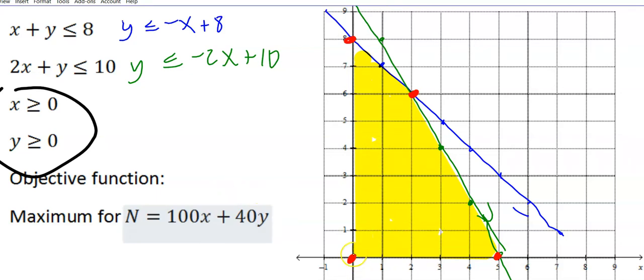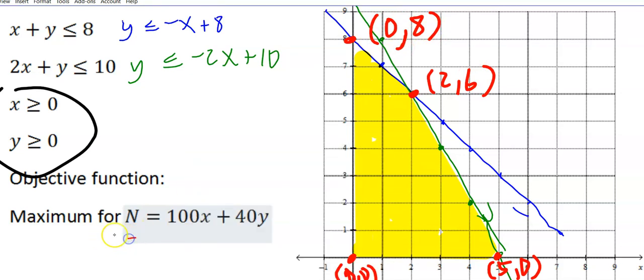This is (0, 0), probably not going to be the answer, this is (5, 0), this is (2, 6), and this is (0, 8). We're just going to plug into our objective function here. Our objective function is this one. So this would be, in this case, 100 times 0 plus 4.